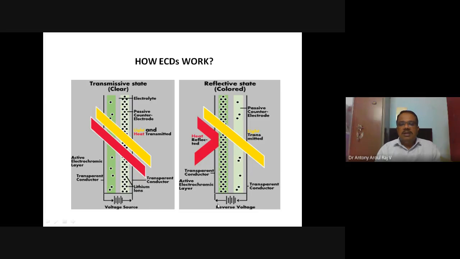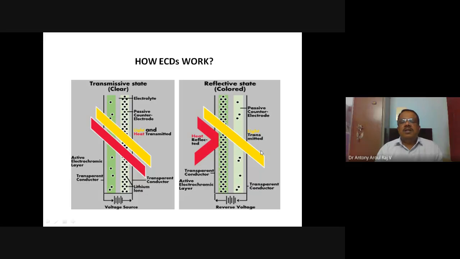When the reverse voltage is applied, for the active electrochromic layer the molecules were not arranged in the first stage, but now you can see these molecules are arranged. In this state it is blocking the short radiation. That means it is reflecting the heat and just allowing the light alone. That is what is required for us.